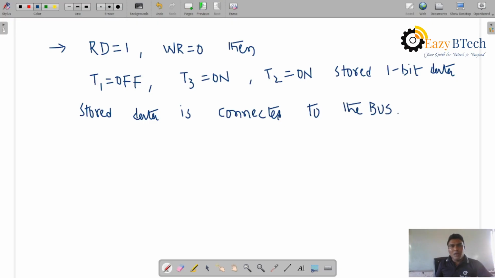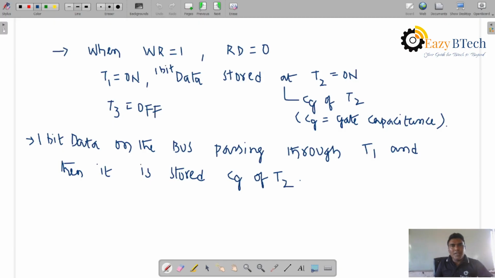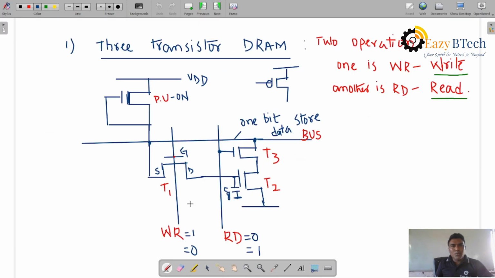So this is the read write operation of the 3 transistor memory cell. When write operation is equal to 1, T1 will be on and connected to the bus, and 1 bit of data passes through the source and drain, which is connected to T2. T2 will be on, and it is stored at the gate to channel capacitance, which we call CG. Whenever this is on, it is connected to the bus.